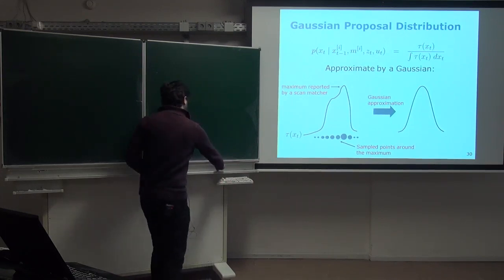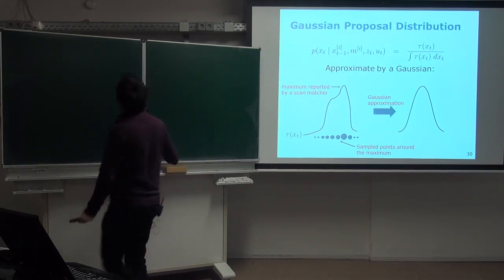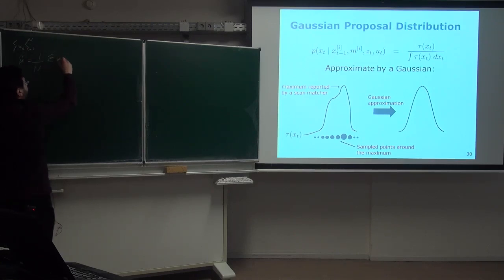So if we have just a set of samples, we do what is called the sample mean and sample covariance. So let's say I have a set of x_i, i goes from 1 to n. I have n samples. I can compute my sample mean by just saying this is equal to 1 over n, the sum of x_i, right?